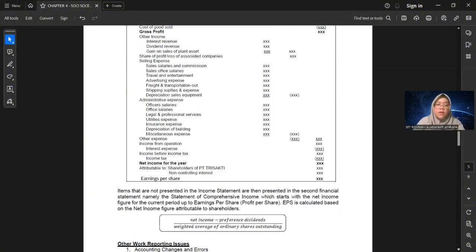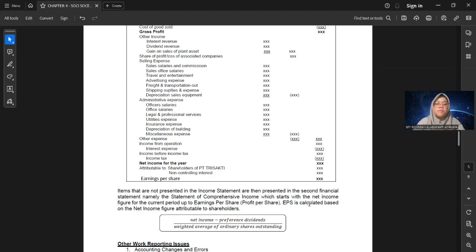Items that are not present in the income statement are then presented in the second financial statement, namely the statement of comprehensive income, which starts with the net income figure for the current period up to earnings per share.